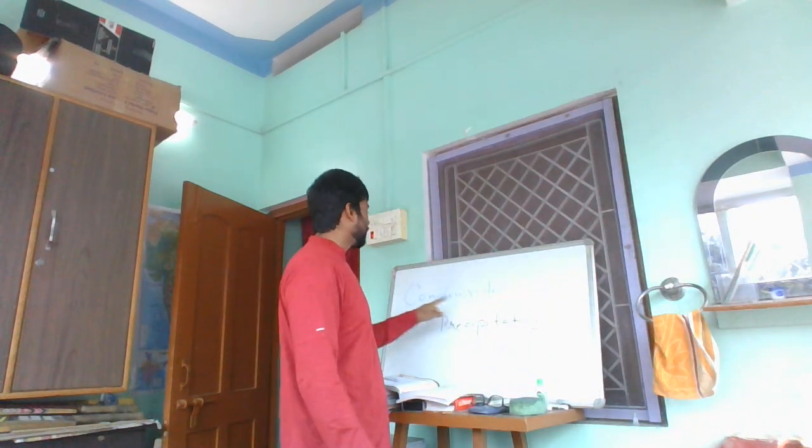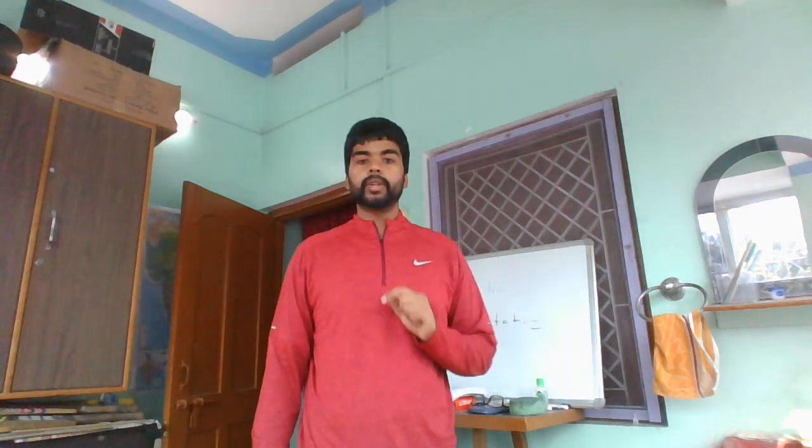Today, in this video, I'm going to talk about a very important topic, that is condensation and precipitation. What does condensation mean? Condensation, where a substance in a vapor state condenses to a liquid form, is one type of precipitation.